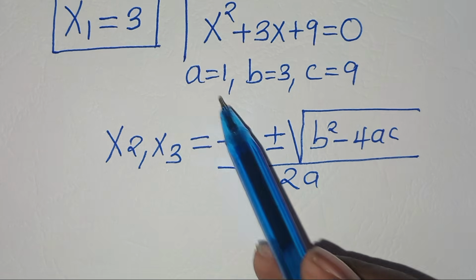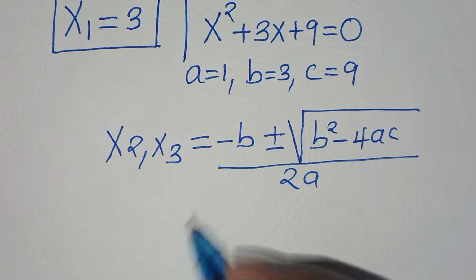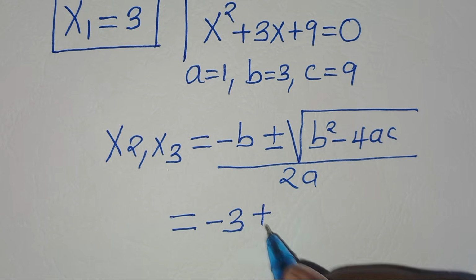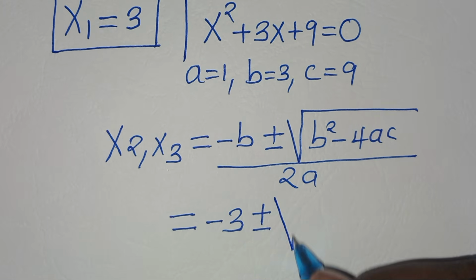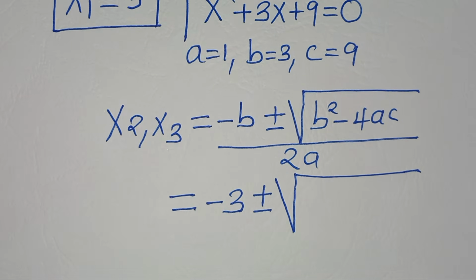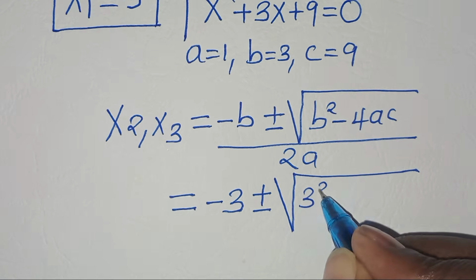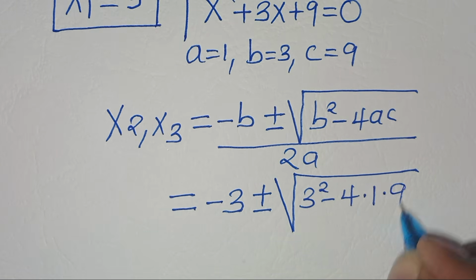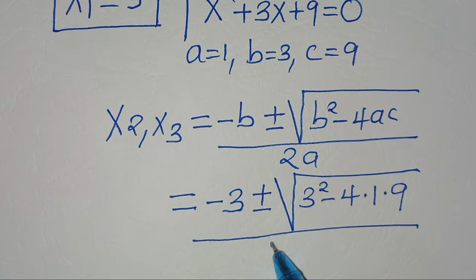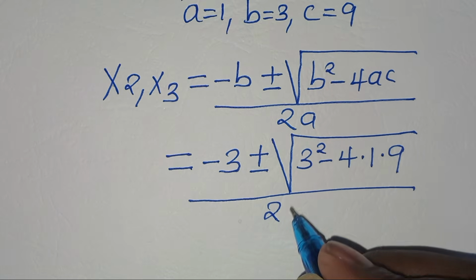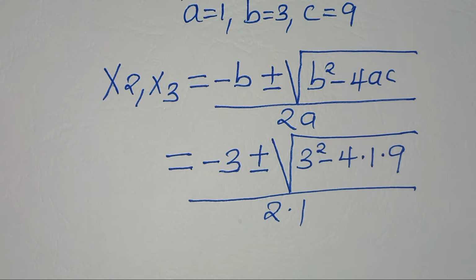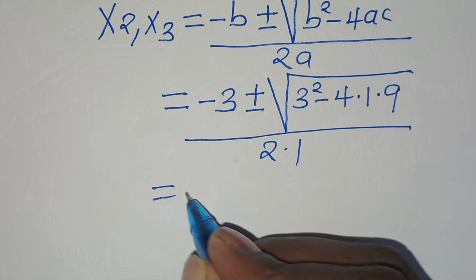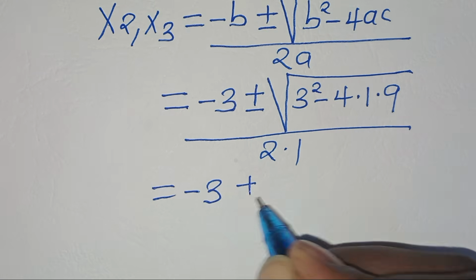So let's substitute the values of a, b, and c into this formula so that we have negative 3 plus or minus the square root of 3 squared minus 4 times a, which is 1, times c, which is 9. Everything here divided by 2 multiplied by 1.